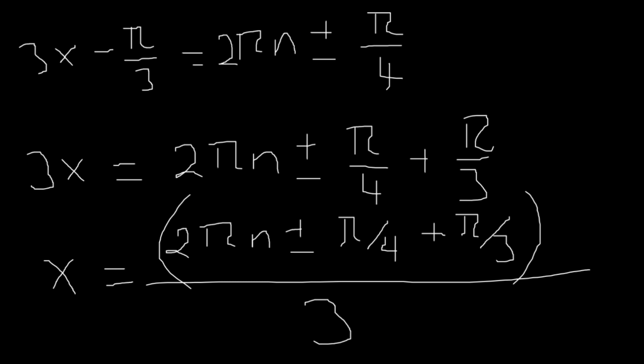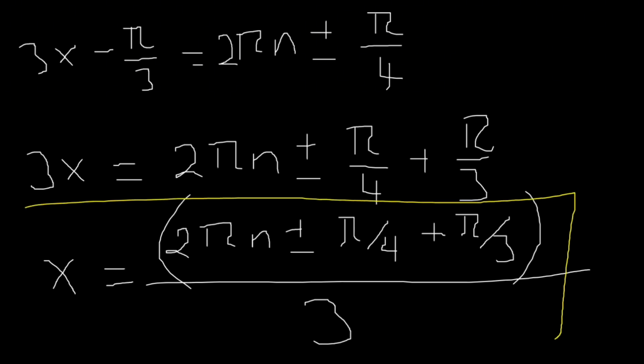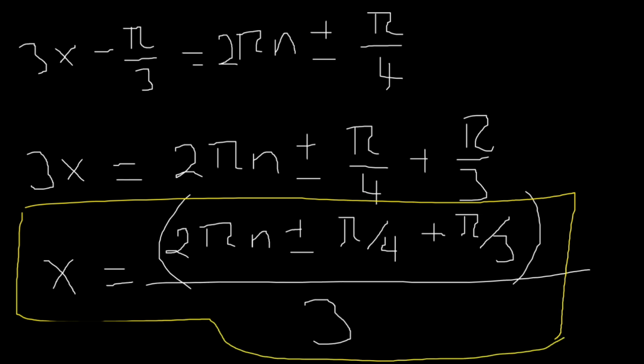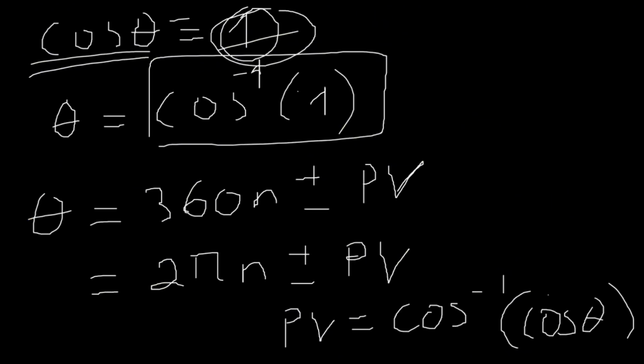That's our answer. In our general solution, we need the possible values, where n belongs to the set of real numbers, that is from 1 to infinity.